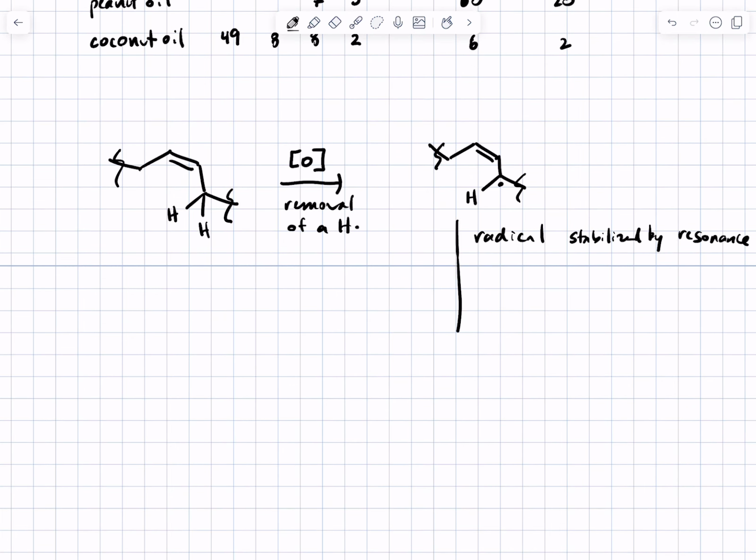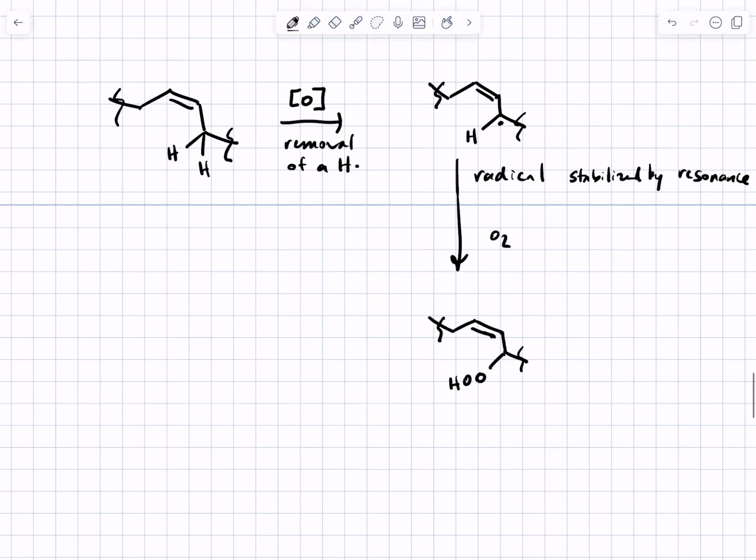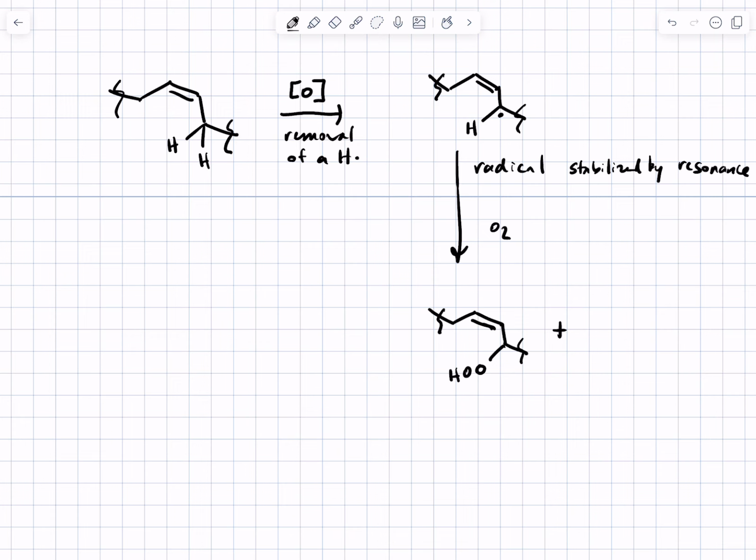And over time, that radical can react with molecular oxygen in the air to make what's called a peroxide, or an allylic peroxide, where you now make an oxygen carbon bond. And that does not taste or smell good.